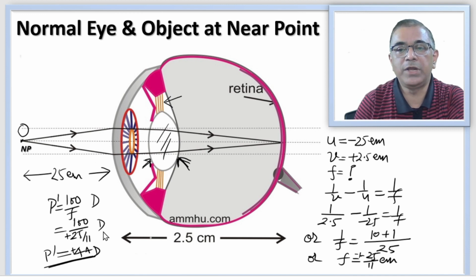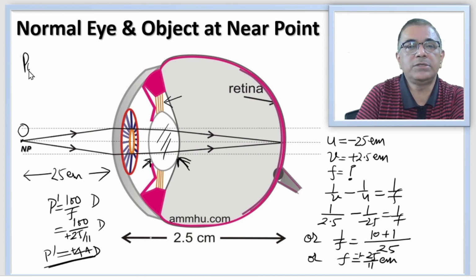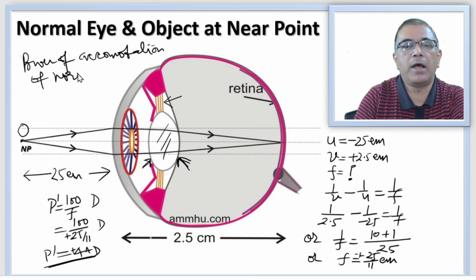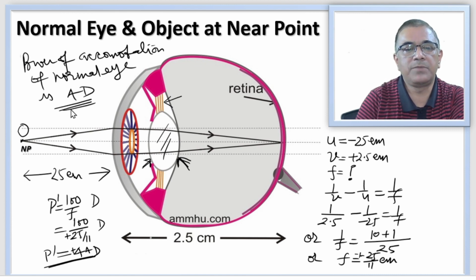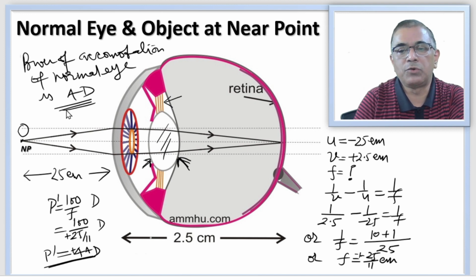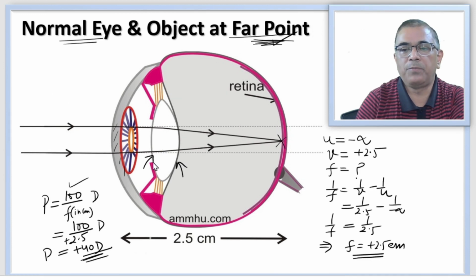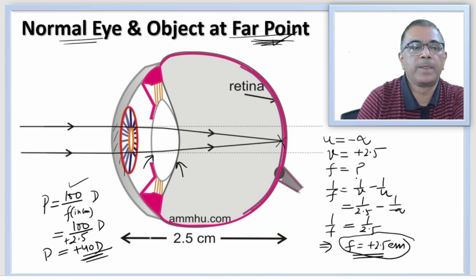So the power of accommodation of a normal eye is 4 diopter. I hope you understand what really it means. And further, if you want to talk about how the focal length changes, the focal length changes from 2.5 centimeter, which is the maximum value of the focal length of the eye lens system, to 25 by 11 centimeter.